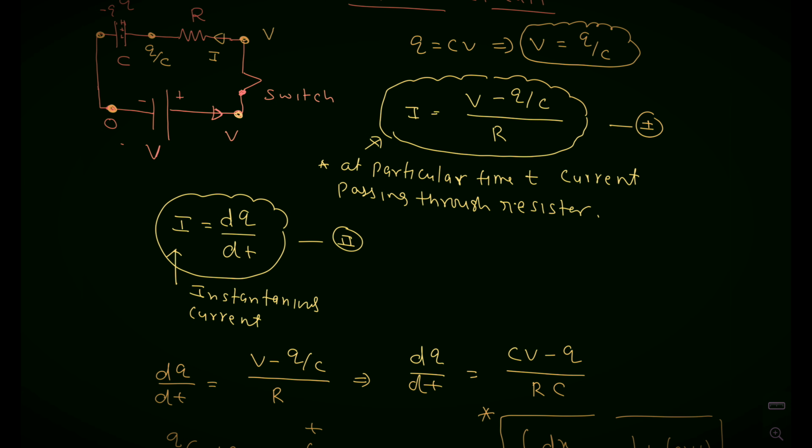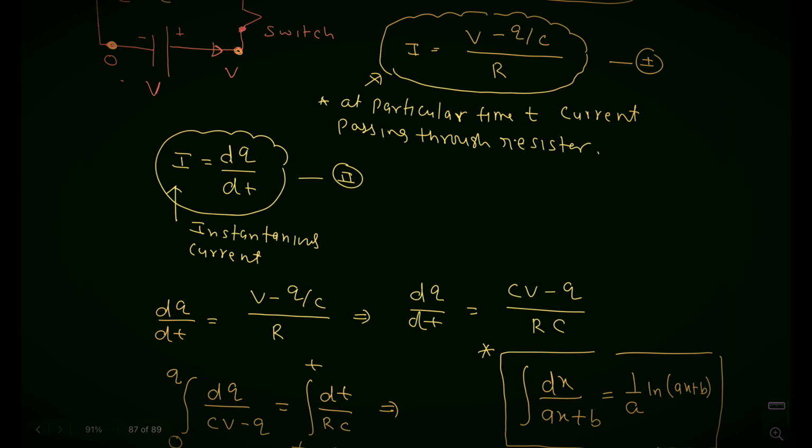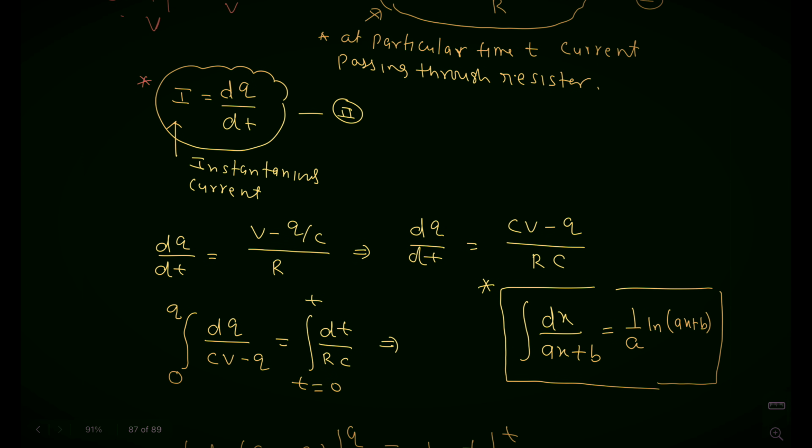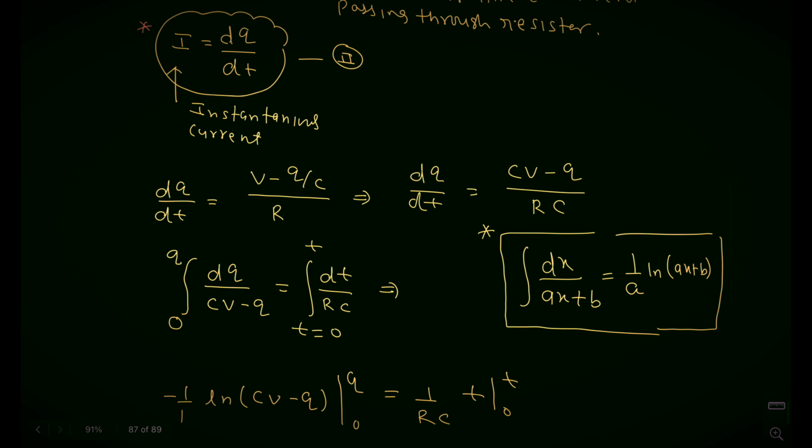At any time t, I wrote the current equation here. This means we can write dq by dt, that is the instantaneous current.